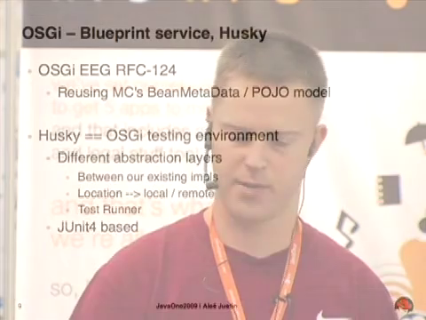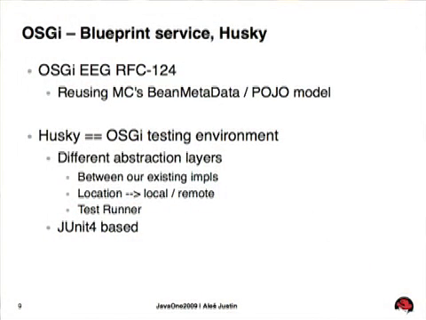The next thing is, in order to be able to test all these different approaches, we found a lack of proper testing environments. So we went out and introduced our own. Actually, Thomas introduced our own. He's calling it Husky. We provided different abstraction layers, one of them being able to easily change between those different implementations.